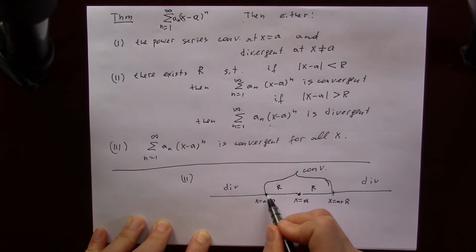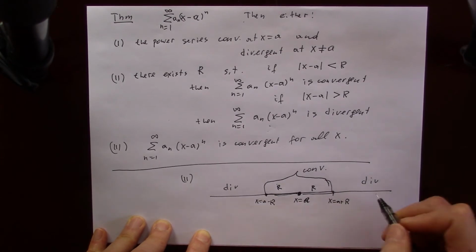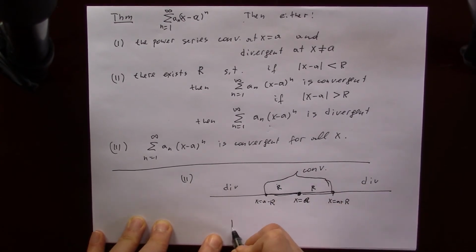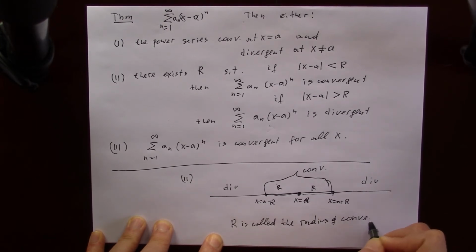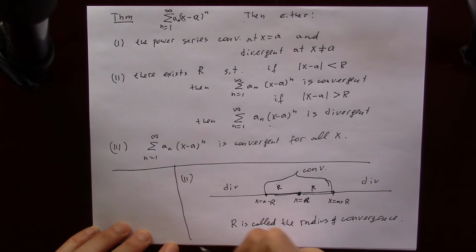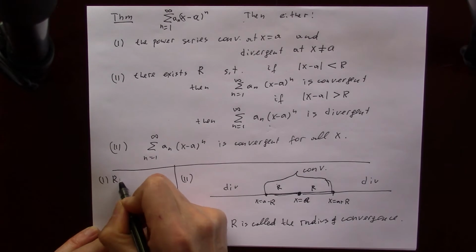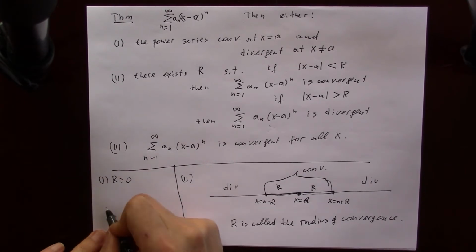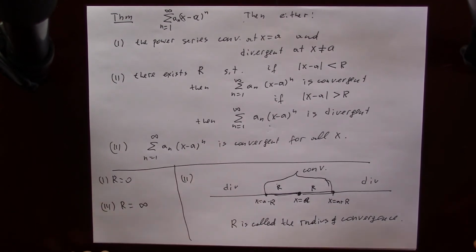On that interval, centered at the center of the power series, the series is going to be convergent, and outside it will be divergent, and r is going to be called the radius of convergence. That's for number 2. And if we refer to number 1 and 3, for number 1 we will say radius equals 0, and for number 3 we'll say radius of convergence equals infinity.